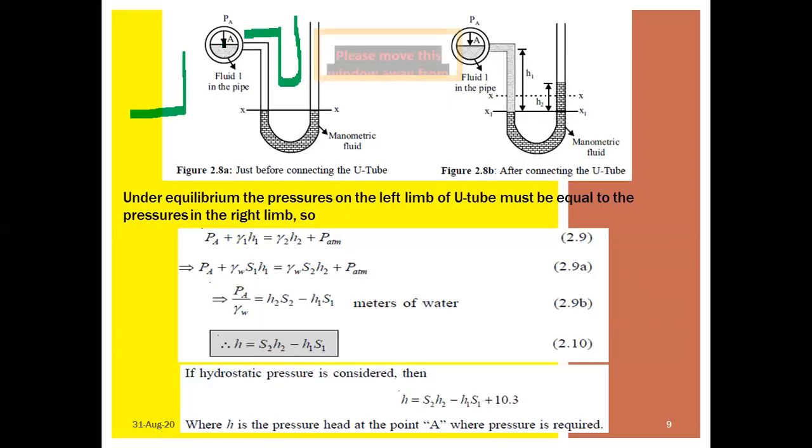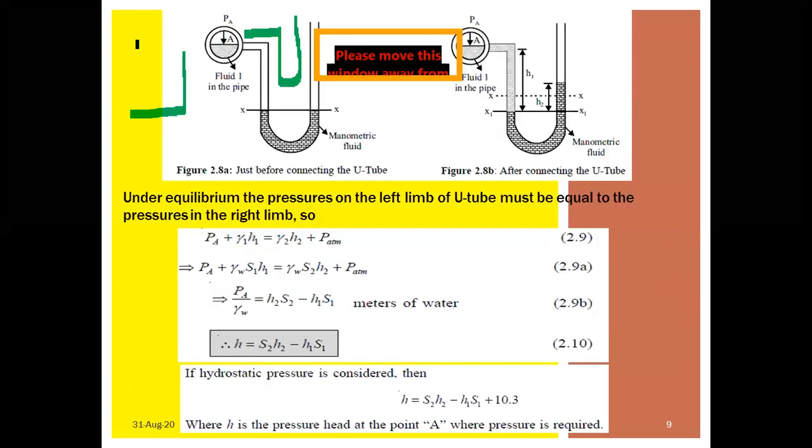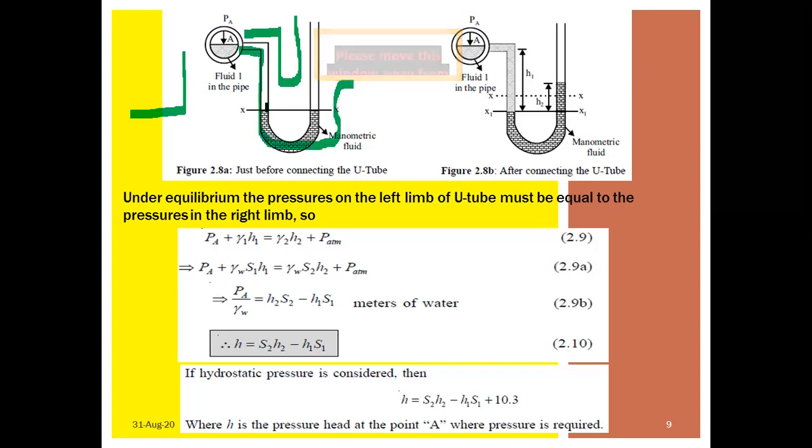So whenever you have to check the pressure, the fluid 1 rises. Fluid 1, which we named, is going into the U-shaped tube, passing into the chambers, mixing with this manometric fluid and rising.